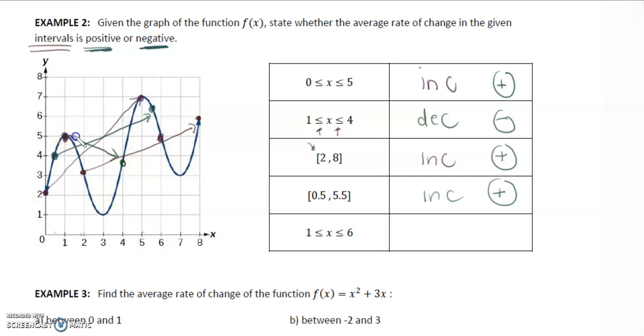Oh, this is 0. See how that's horizontal? So this is 0. You can write neither increasing nor decreasing, or neither positive nor negative, right? The number 0 doesn't have a sign associated with it. The number 0 is neutral.